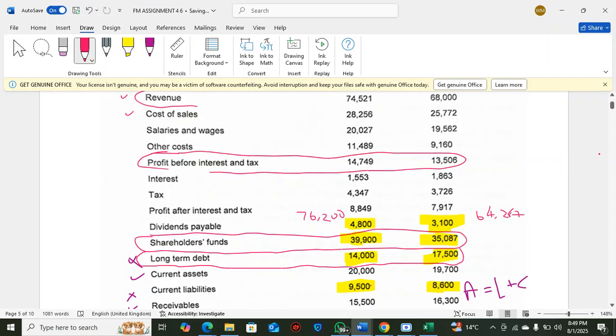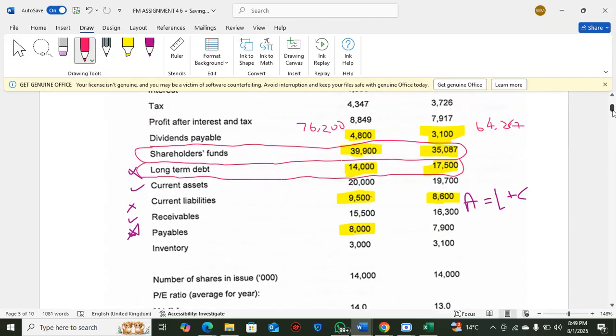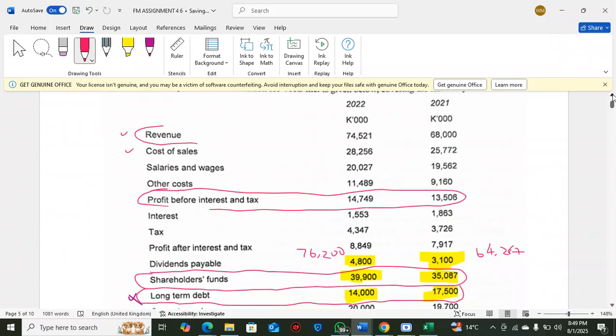Okay, let me just go through it one more time. Yes, 64,287. So let me get these numbers down first: 76,200 and 64,287 for 2021.